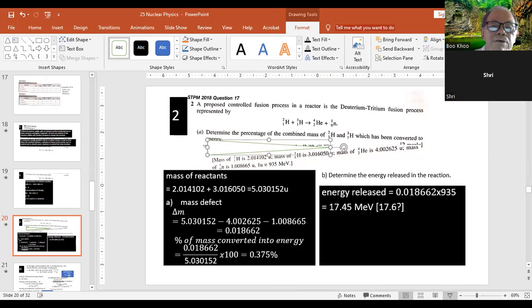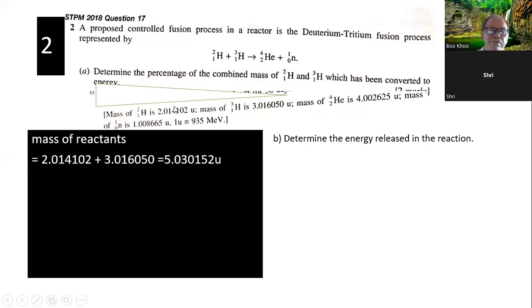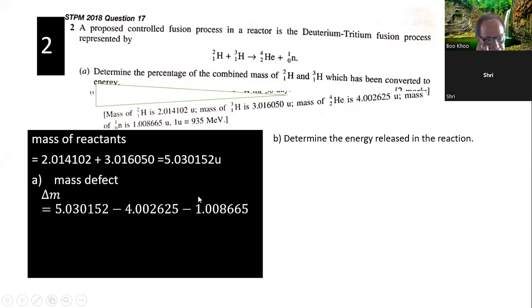Basically, you find the total mass of reactant first. It's given at the bottom there. There's your deuterium. There's your tritium. Add them up. Then calculate your mass defect: that total, which we have calculated, minus the product mass, minus your neutron.